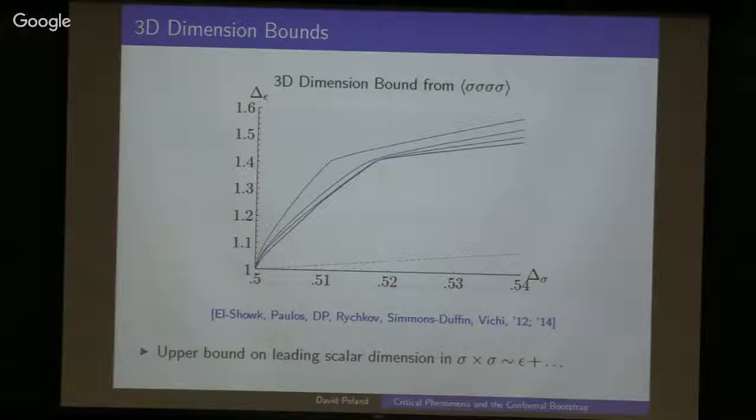And so we can place an upper bound on delta epsilon as a function of delta sigma, using this procedure of finding a clever linear functional that excludes points above this bound, but allows points below this bound. And here, this is actually a sequence of bounds that come from telling your functional to have a larger and larger search space. So you get stronger and stronger bounds. But it's important to know that at each stage, you get a rigorous and true upper bound, and they just get stronger and stronger as you increase the functional search space.